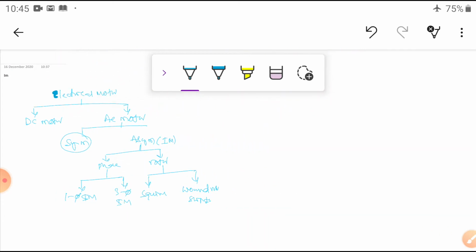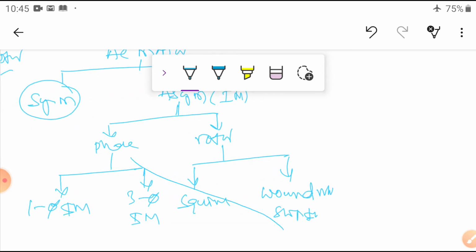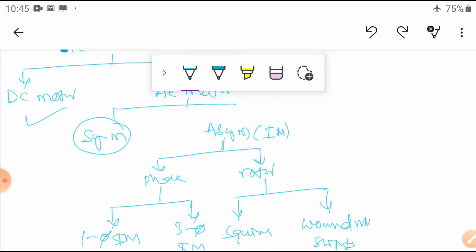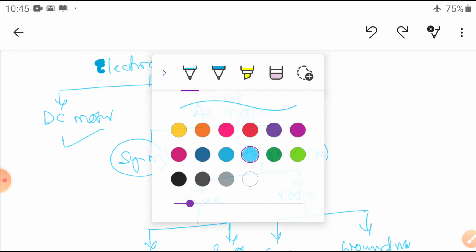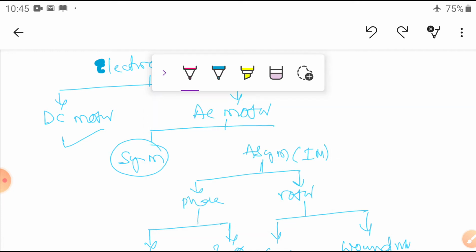As we know, DC motors work based on the DC motor principle, and take only a DC supply to run. Now, coming to the AC motors, one is the synchronous motor and another is the asynchronous motor.